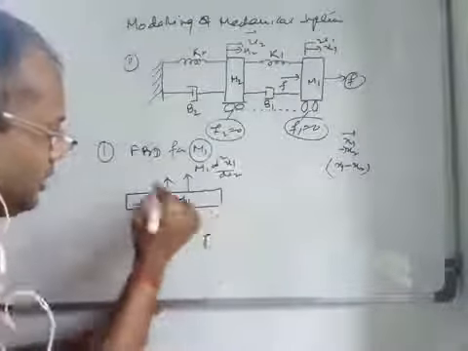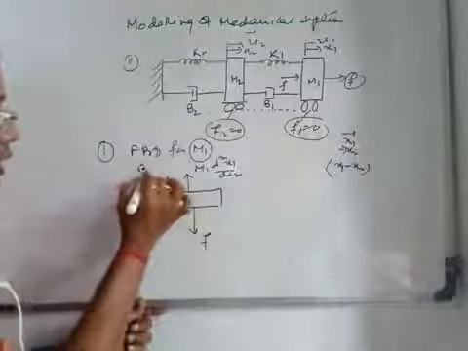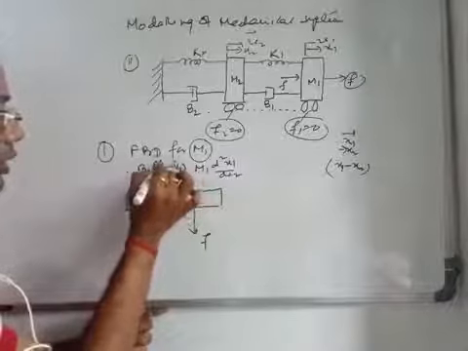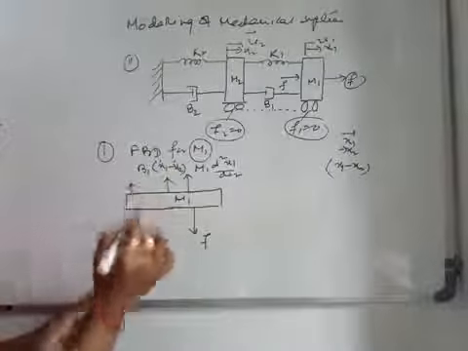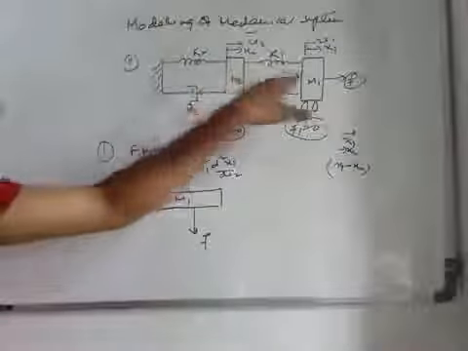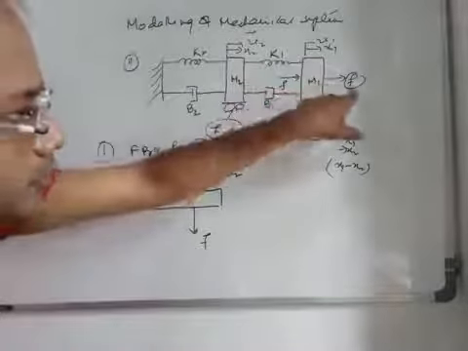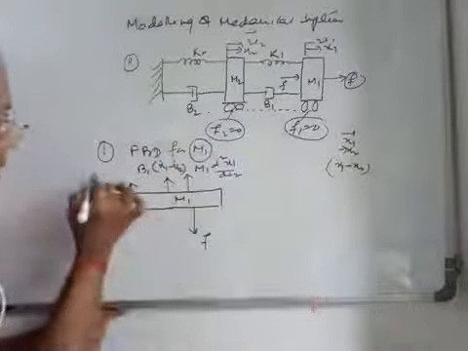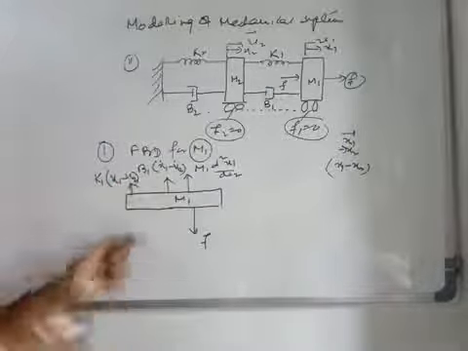So this will be the force: b1 times d/dt of (x1 minus x2). Similarly, the opposing force due to the spring, which is also connected to both m1 and m2, has resultant displacement x1 minus x2 when you apply the force F. So due to the spring, the force is k1 (x1 minus x2), right?